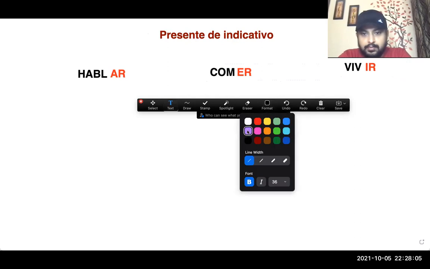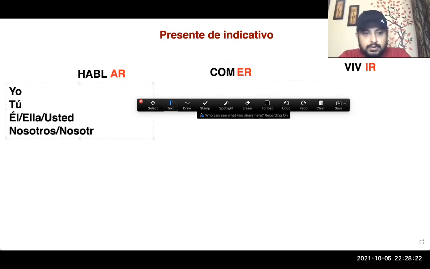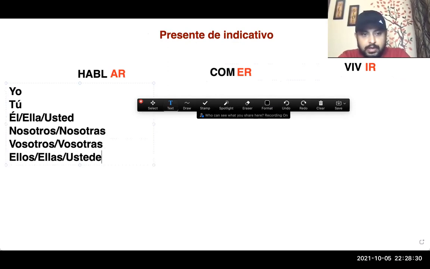And we have these pronouns. Yo, tú, él, ella, usted. Nosotros, nosotras, vosotros, vosotras, ellos, ellas, ustedes.